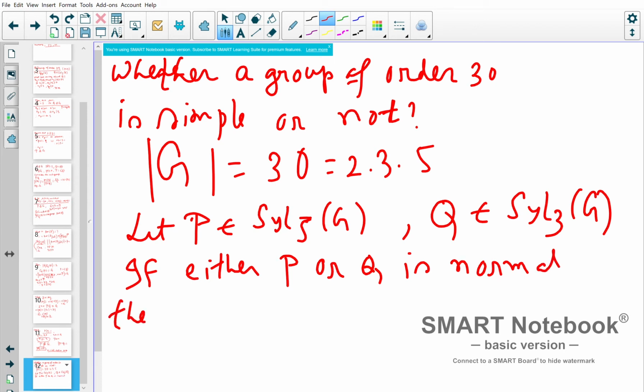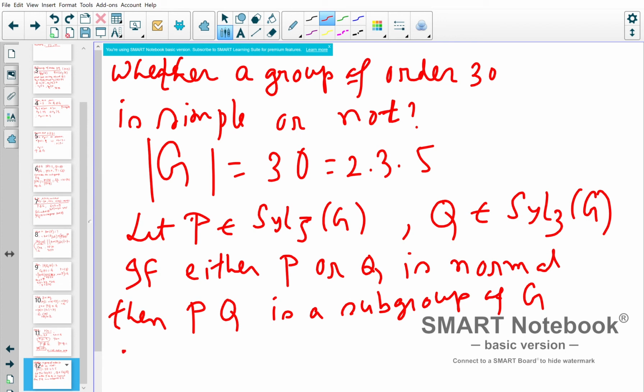Then this PQ is a subgroup of G of order 15, right? Because 5 and 3 are primes. I just proved that P and Q have trivial intersection.